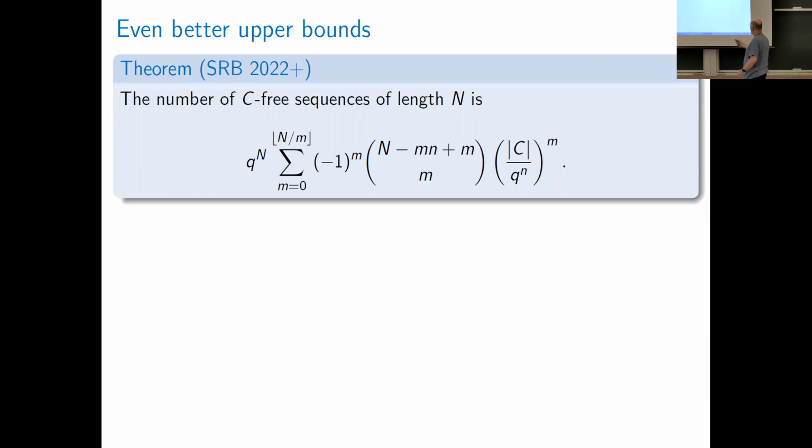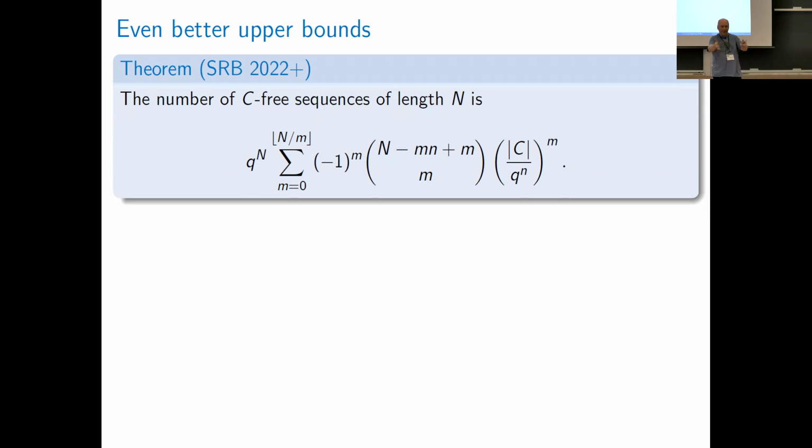How does this work? Well, the (-1)^m is that m is how many code words are appearing in the sequence. You've got this power of -1 that's showing it's an inclusion-exclusion argument. And then this is a counting thing. This binomial comes from, so how do you count?